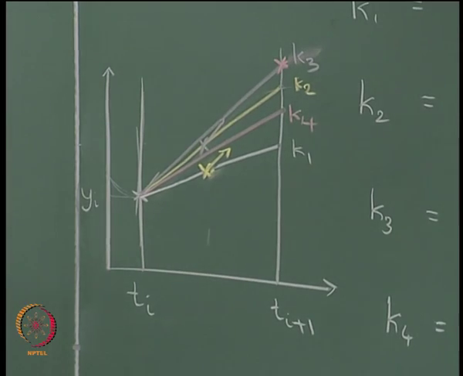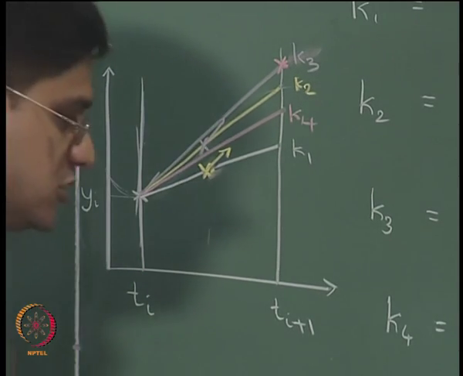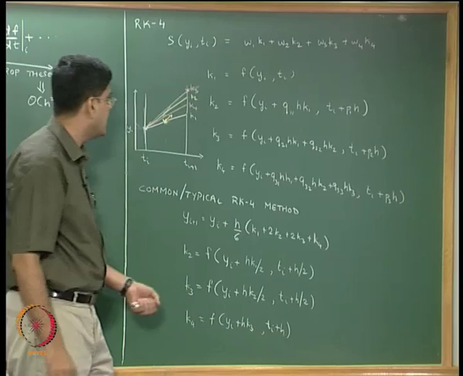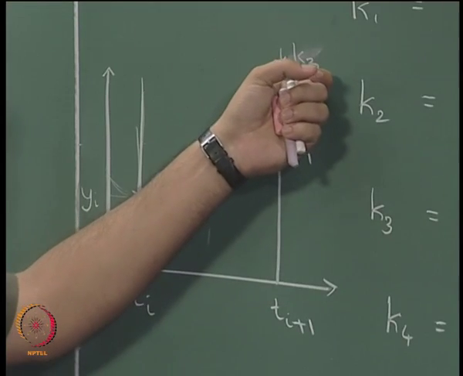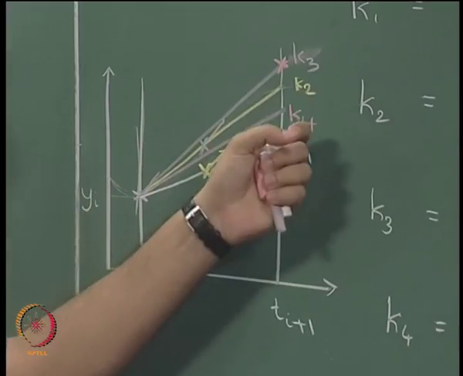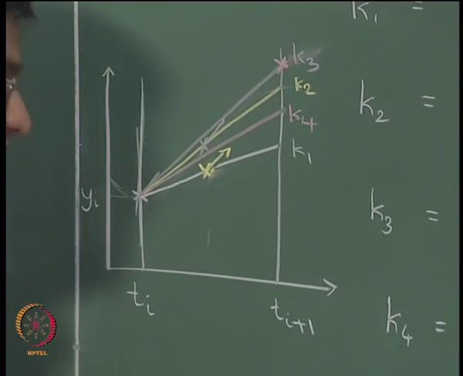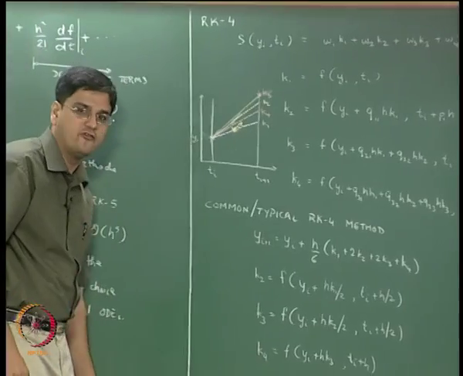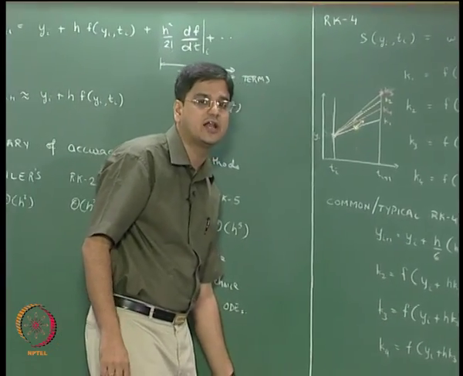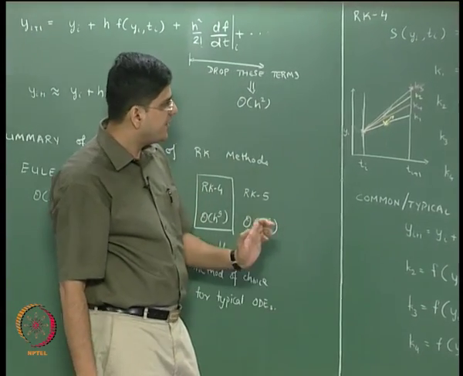Okay. And the final slope that we are going to use in order to compute yi plus 1 is going to be K1 plus 2 times K2 plus 2 times K3 plus K4, the whole thing divided by 6. Okay. So that is the geometric interpretation of the simplest of RK4 methods. Okay.